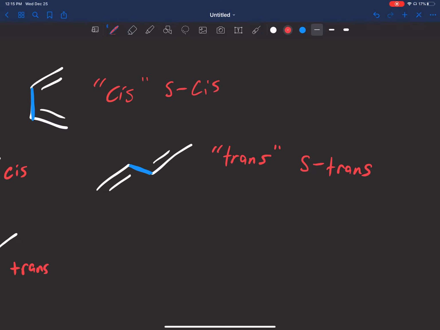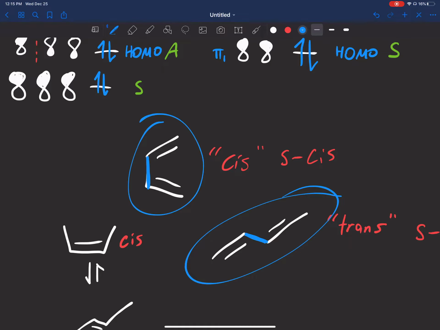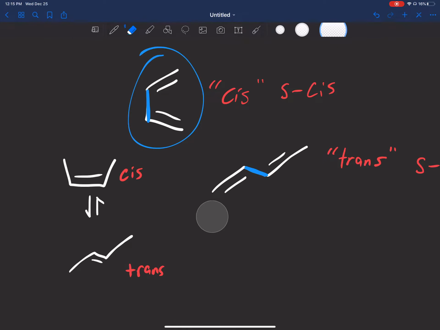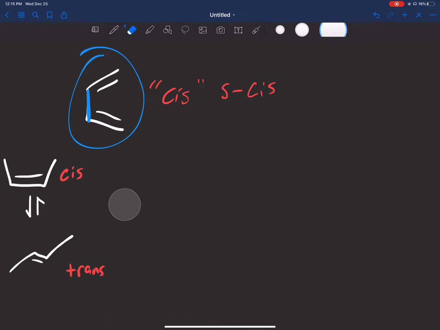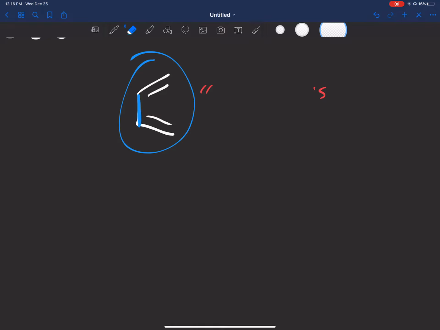The S-trans isomer is more stable than S-cis. But in Diels Alder, we must use an S-cis isomer. The S-trans is not allowed to be used. The orbitals are too far apart, so we have to use S-cis. One thing they like to ask on exams is which diene is more reactive in a Diels Alder.